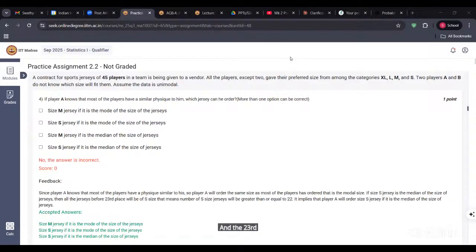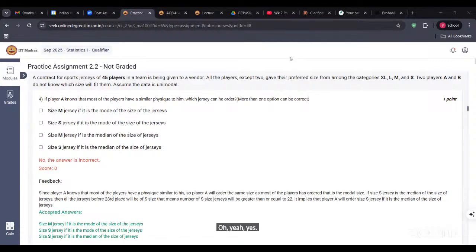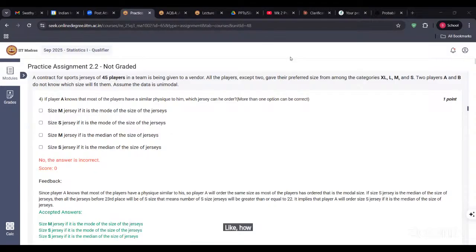In total, I can have 23 jerseys of size small, or 23 or greater than 23, correct? So I can have size S as the median. Now, how is the third option wrong?